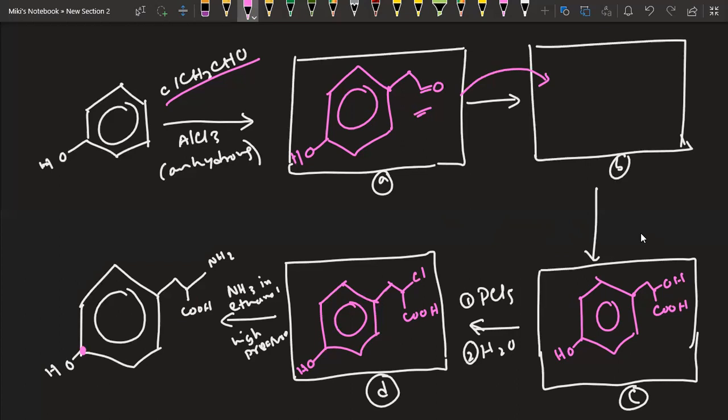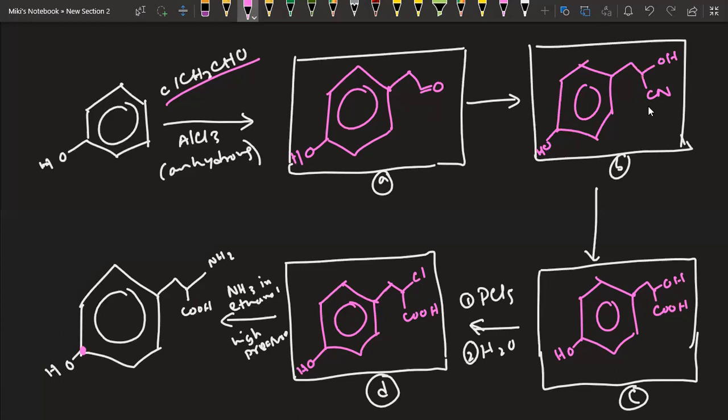The only reaction possible now is adding cyanide, a nitrile compound. That's the only thing remaining. Because if we add KCN with HCN, the OH remains the same here. The only change is that an alcohol will be generated and a cyanide will be generated.